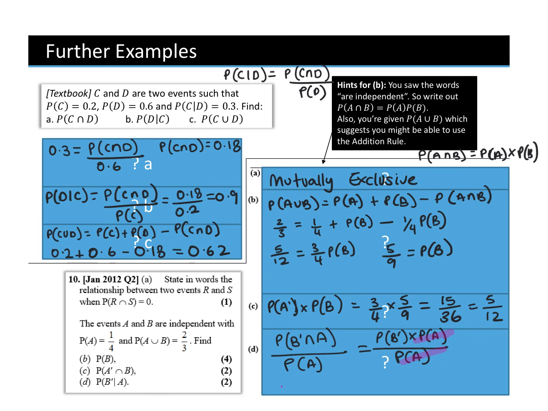So this is the same as writing just the probability of B dash, which is 1 minus the probability of B, which is 4 over 9.